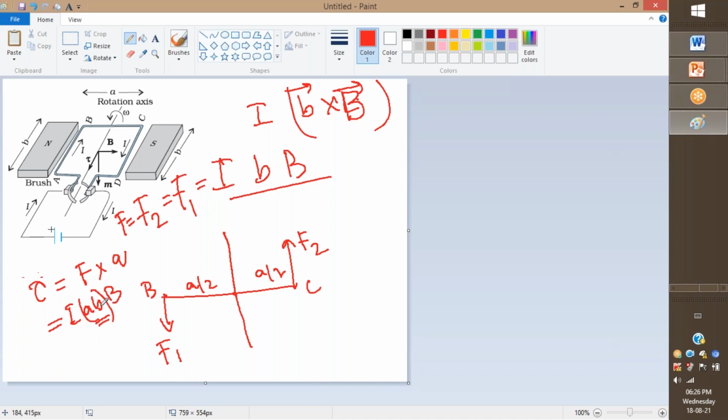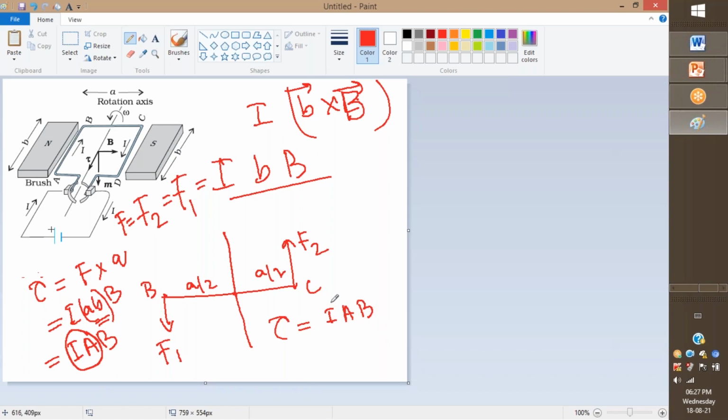So I can write F into a. F I have got again, F is this one, I b B, so I get I into a into b into B. Now look, this a and b are the dimensions. This is your b length and a is the breadth. So I can write that as the area of the loop. So this is actually the torque you experience here.